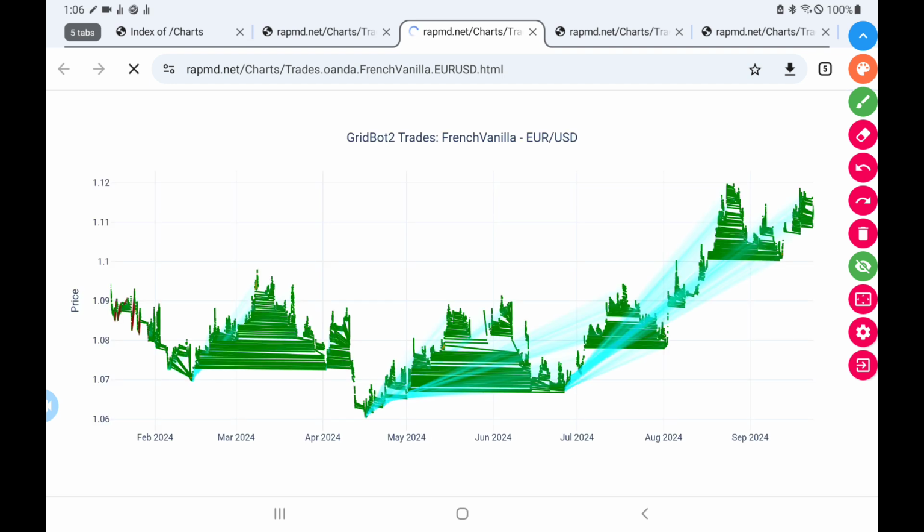And as it loads, we see something unique about this chart. The cyan-colored lines. These are position reductions, meaning every time we take a profit, we take a tiny loss on the oldest position we hold.